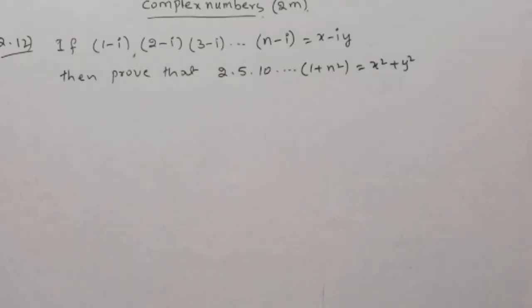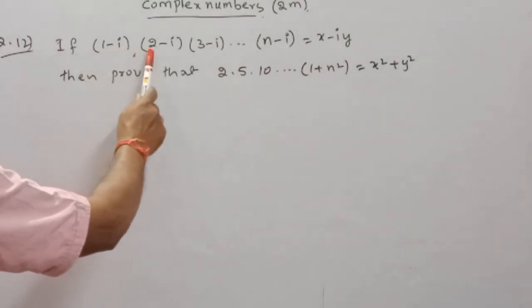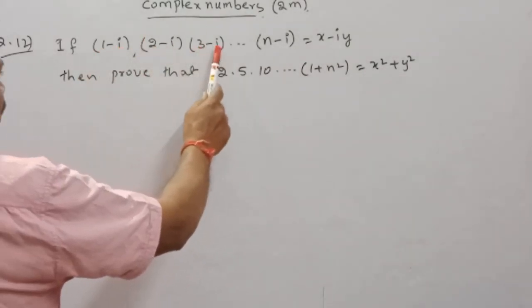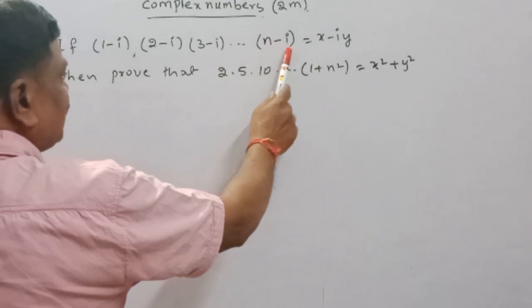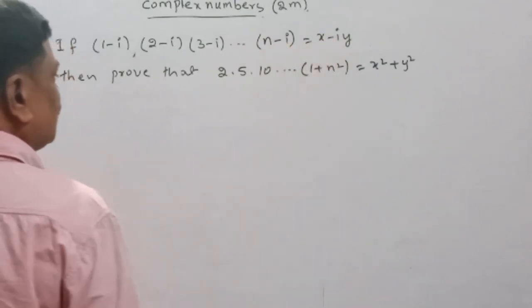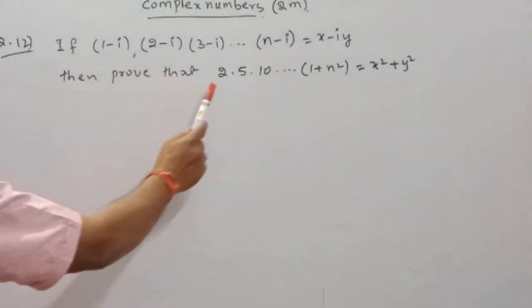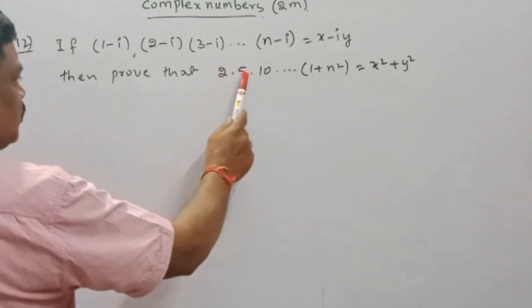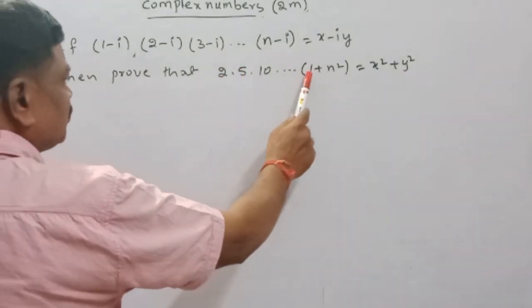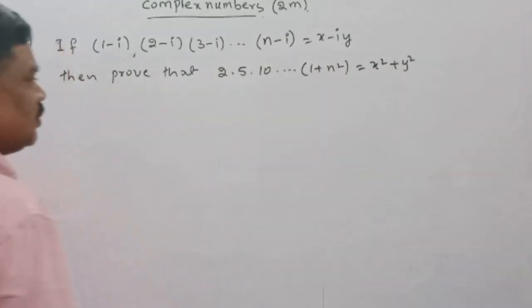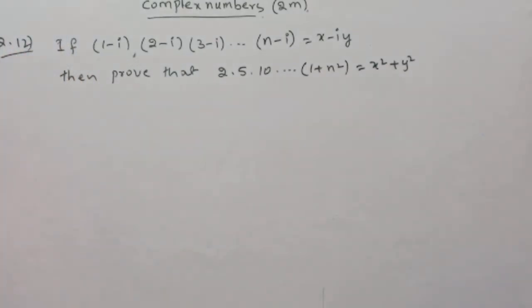Here we have one more problem from complex numbers. If (1 minus i) into (2 minus i) into (3 minus i) and so on up to (n minus i) is equal to x plus iy, then prove that 2 into 5 into 10 into so on (1 plus n square) is equal to x square plus y square.